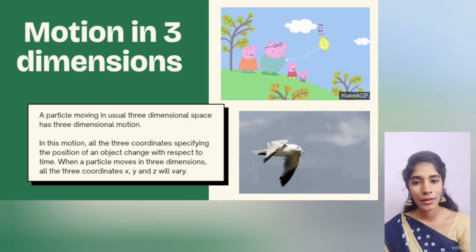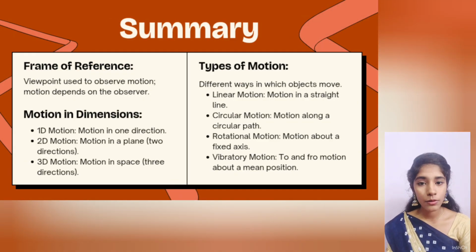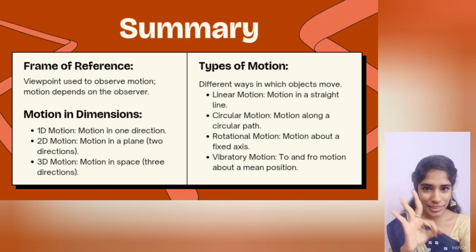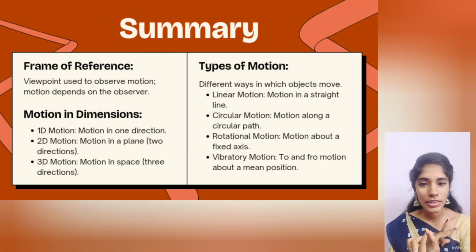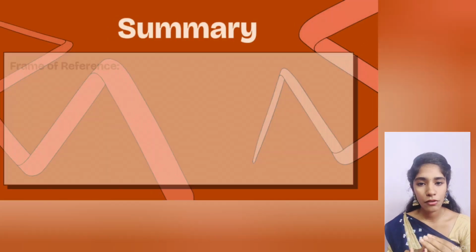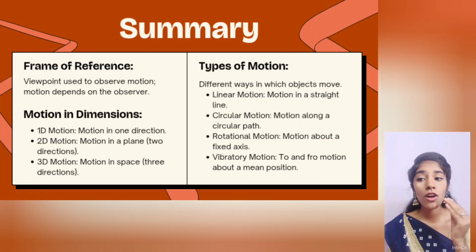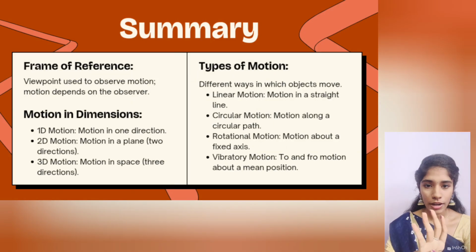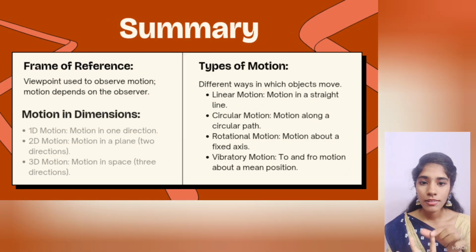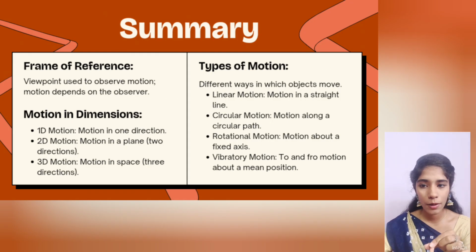Let's move to the summary part. So today, what topics did we deal with? Three topics: frame of reference, types of motion, and motion in dimensions. Frame of reference is the viewpoint used to observe the motion, which depends on the observer. Types of motion: there are four types: linear, circular, rotational, and vibratory.